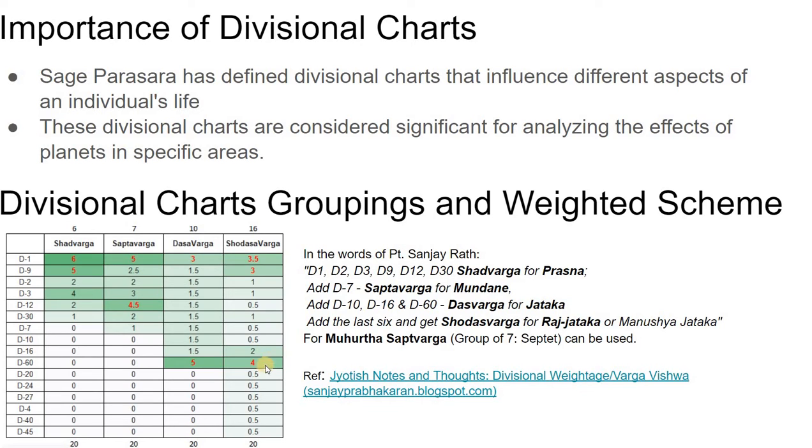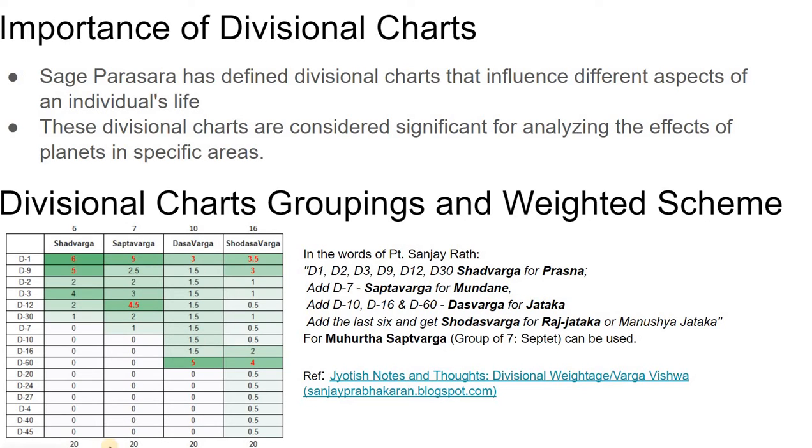Whereas you can also use Shodasa Varga, which is for Raj Jataka and also for Manusya Jataka as well. When you see this in Dasavarga, D60 is given the highest importance, even more than the Rashi chart. So the karma that we bring in from the past lives determines strongly how we are going to reap benefits in this Varga scheme.